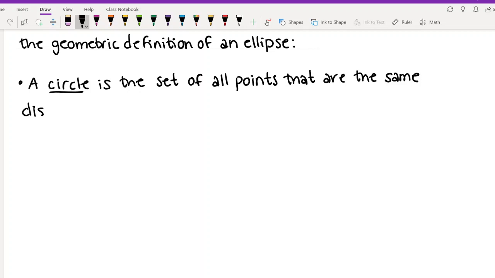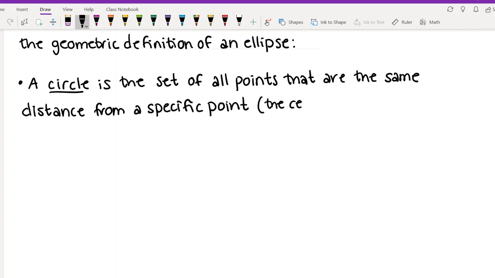Like that's the distance from the circle to its center. And what's that specific point called? It's called the center of the circle.